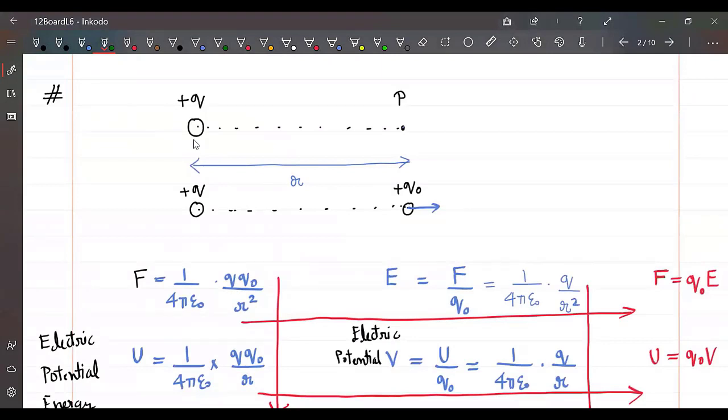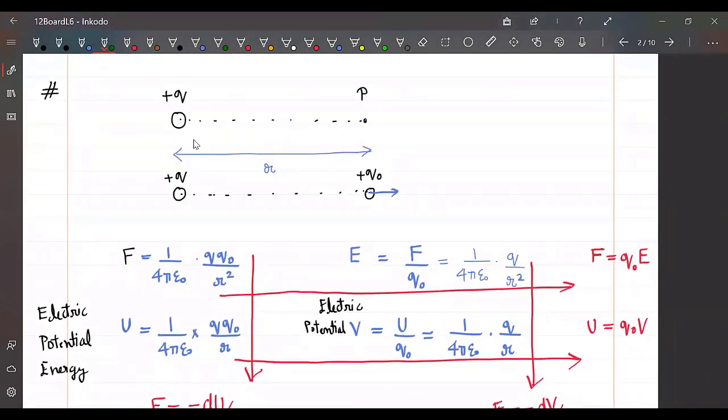Now, here we are going to relate force, electric field, charge, and potential energy. So first, force is defined from Coulomb's law. Force between two charged particles separated by a distance r will be 1 by 4 pi epsilon naught q into q naught by r square.